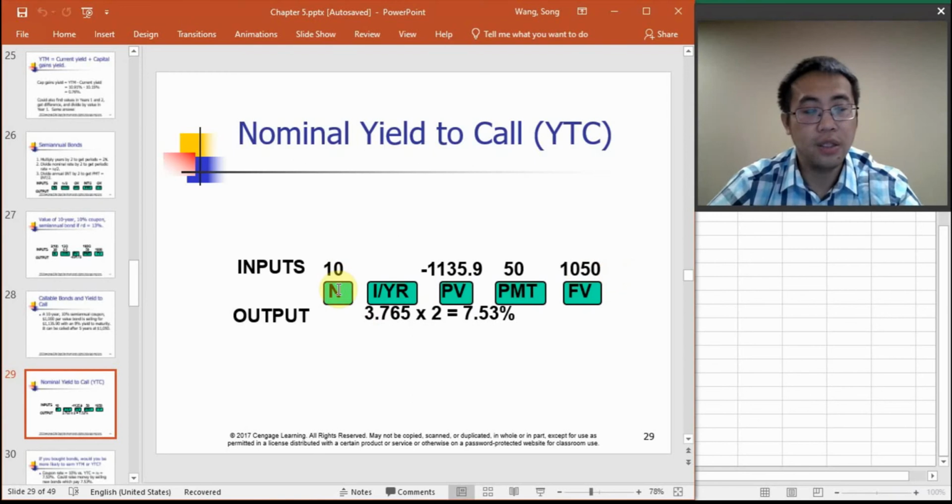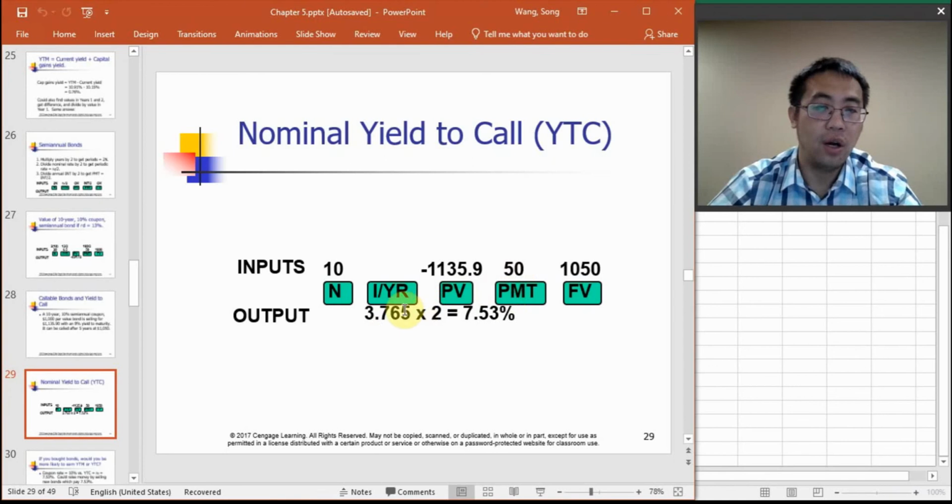And also the number of periods would change. 10 is for 5 years, and you have 10 semi-annual periods during 5 years. And the payment per period is $50, as the company is paying $100 each year.